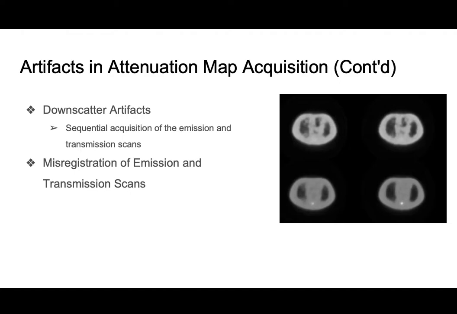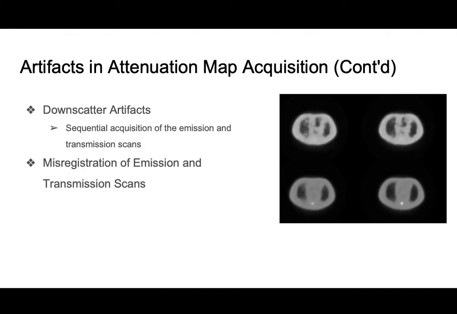This is the one corrected for that downscatter artifact, which gave us a very clear view in the middle of the image. One way to solve this artifact is to do a sequential acquisition of emission and transmission scans. Instead of doing CT and SPECT images at the same time, we can perform them alternately, like taking one CT shot followed by a SPECT image.